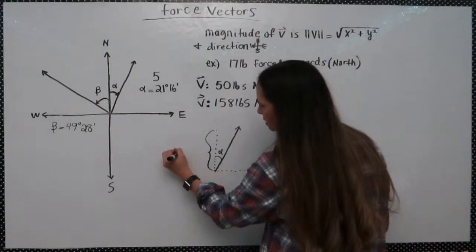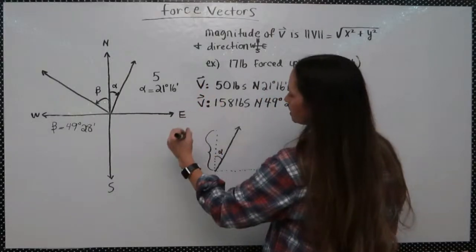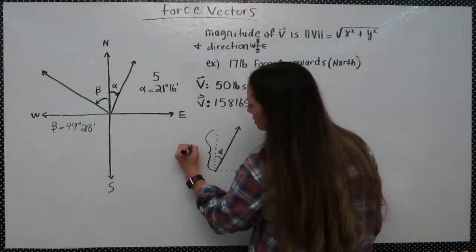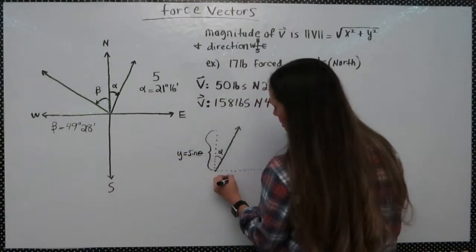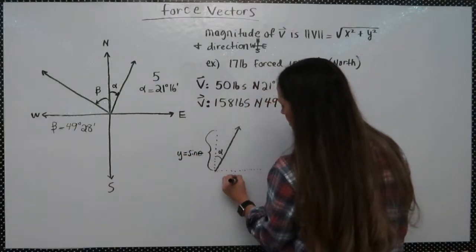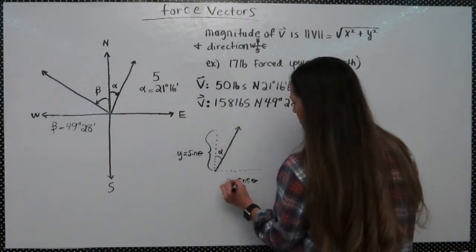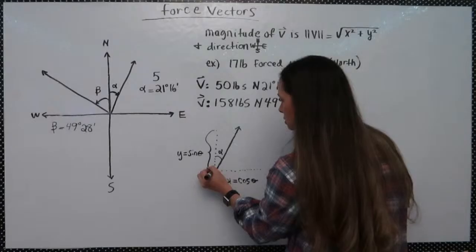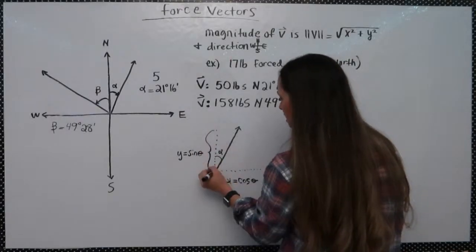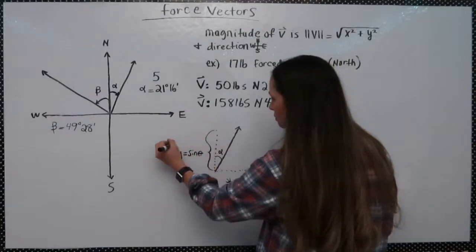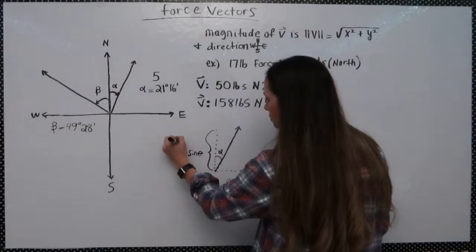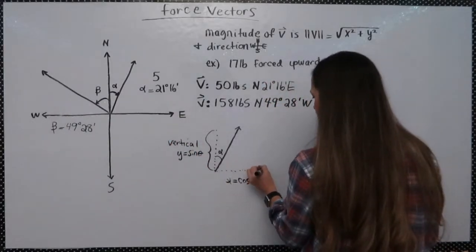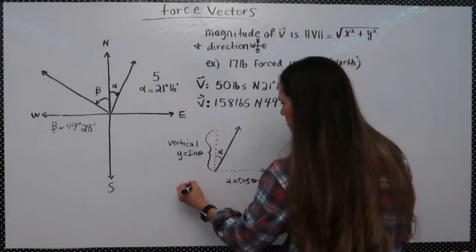This is y equals sine theta, and then this one is x equals cosine theta. So we have these components here. This is called the vertical, and this one is going to be called the horizontal.